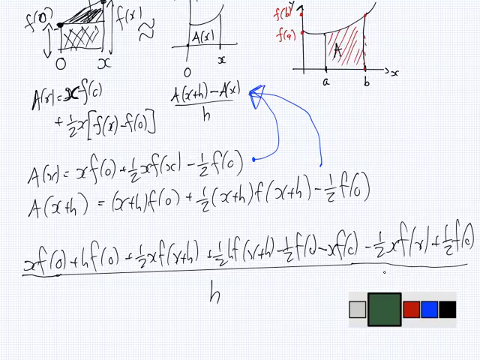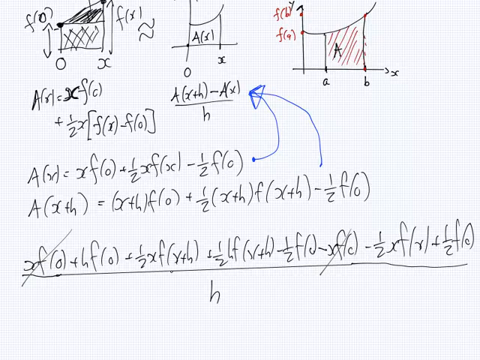I know, it's terrible. Right, but we can cancel lots of stuff. This cancels with this. These two add together, so I'm left with x f(x+h). So this is good and this is good. Anything else cancels?